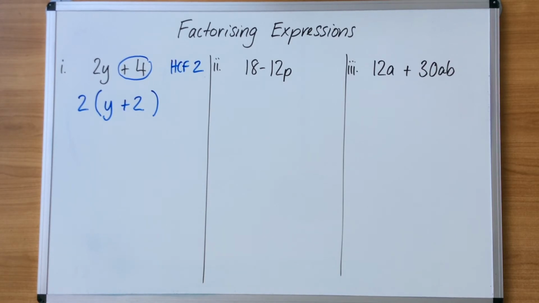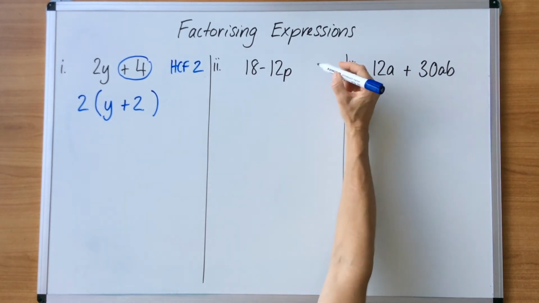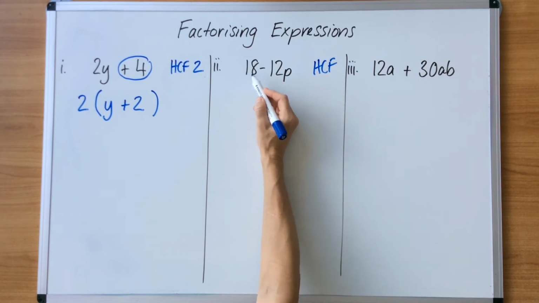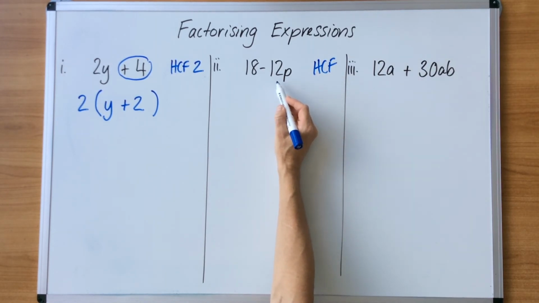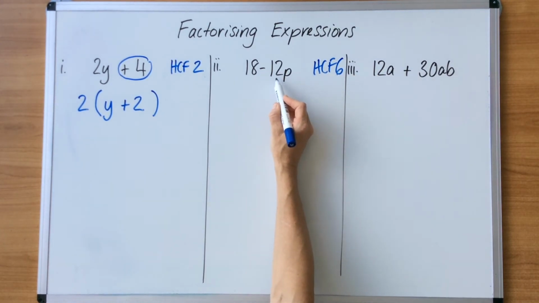The middle one here, we're going to follow the same process. We're now going to add a pronumeral on the second term here. So I've got to ask myself, what is the highest common factor that goes into 18 and also goes into 12p? Well, I know it's 6 because 6 goes into 18 3 times and goes into 12 twice.